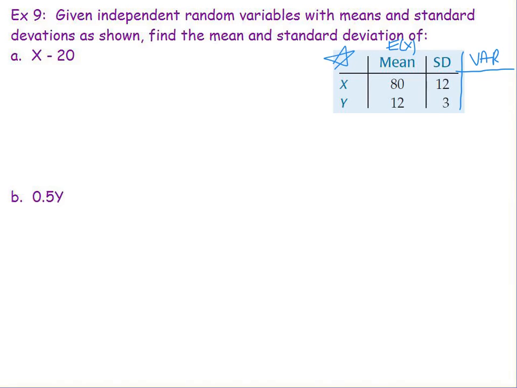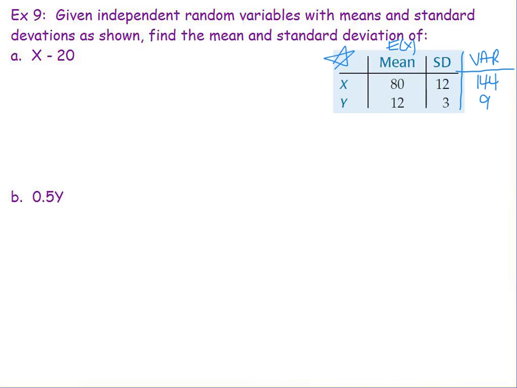And so if we're going the other direction, what's the opposite of square rooting? Well, that's squaring. So the variance is going to be whatever the standard deviation is squared. So 12 squared is 144, and 3 squared is 9. So now we have all of our data that we need.